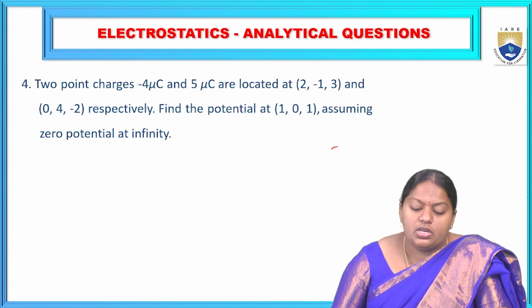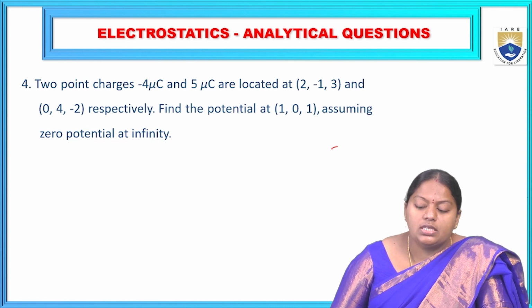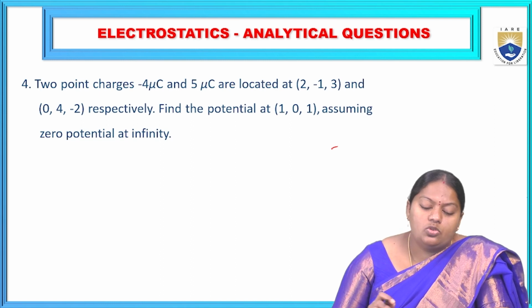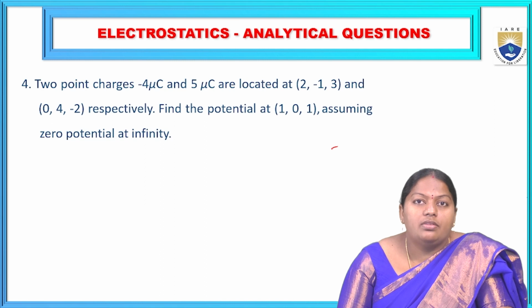Next, two point charges, minus 4 microcoulombs and 5 microcoulombs, are located at (2, minus 1, 3) and (0, 4, minus 2) respectively. Find the potential at (1, 0, 1) by assuming zero potential at infinity.